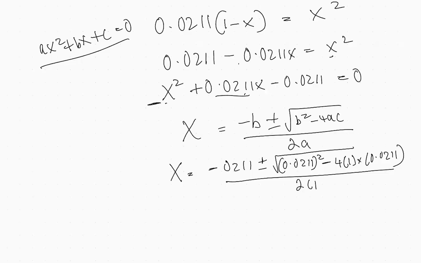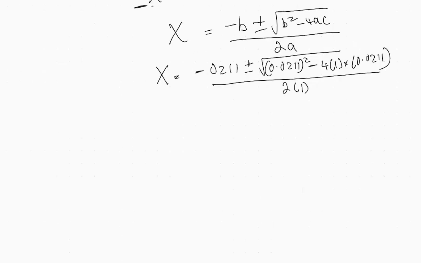Then when you solve it all the way, you will get x has 2 values, one positive and one negative. So one will be 0.135 and one will be negative 0.156.